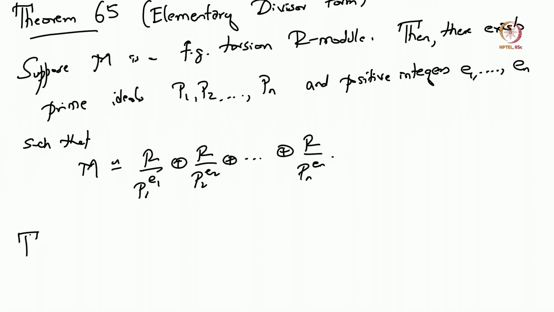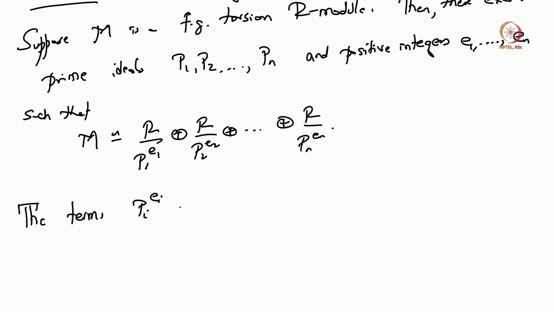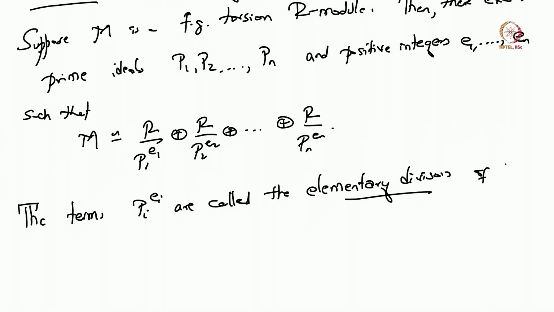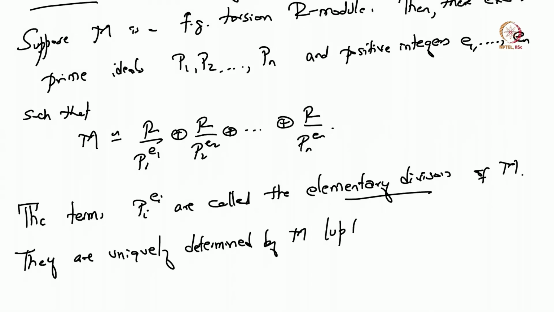These Pi to the Ei are called the elementary divisors of M, and they are also uniquely determined by M up to reordering, up to permutation.